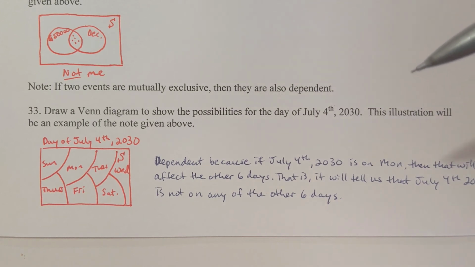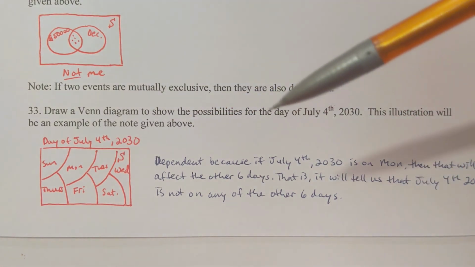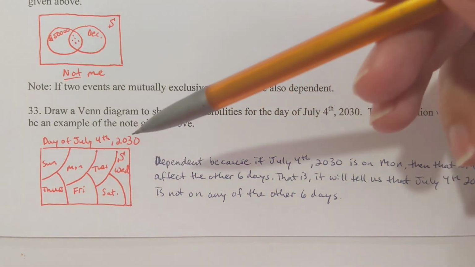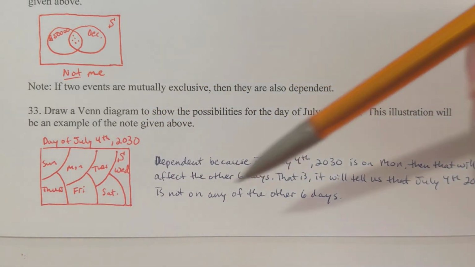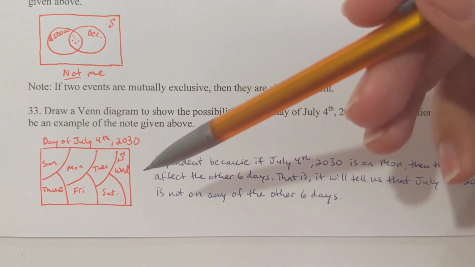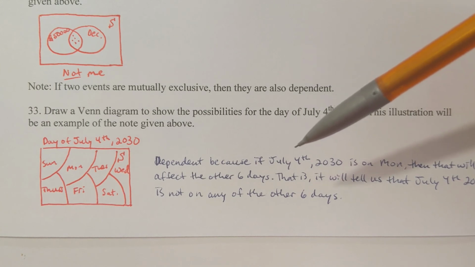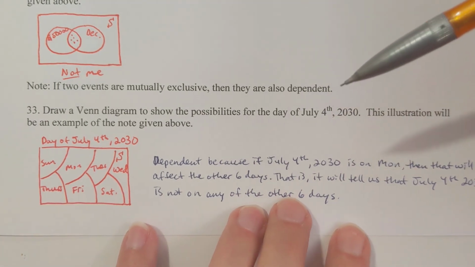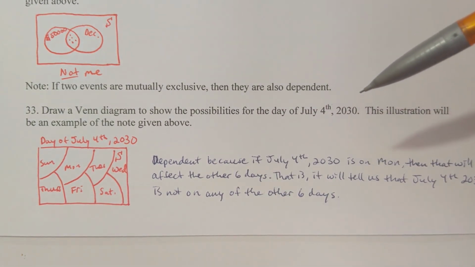Well, dependent events means that the occurrence of one event does affect the probability of the second event. So if I know that July 4th, 2030 falls on Monday, that has a direct effect over what I know about the other 6 days, and that holiday does not land on any of the other 6 days. So that's why they'd be dependent. And mutually exclusive events are always dependent.